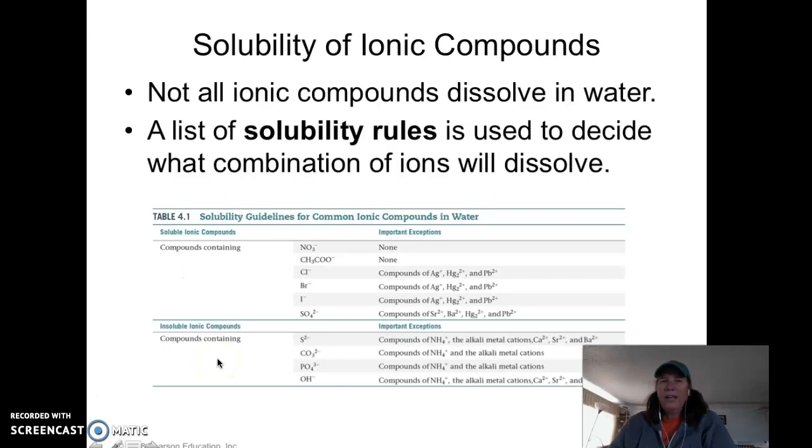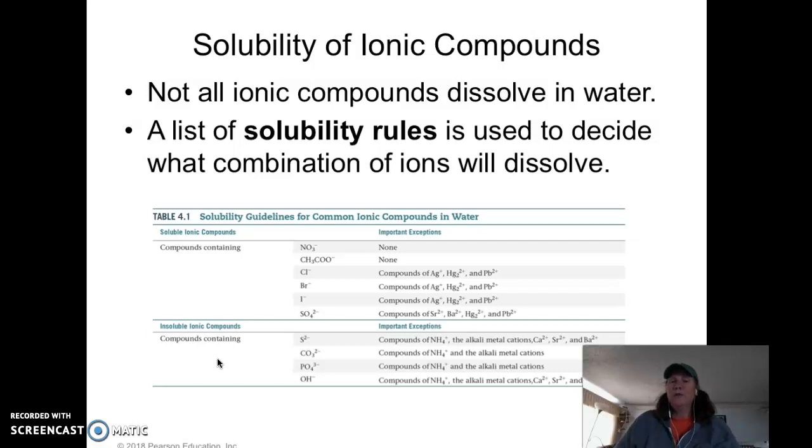Okay, there's a solubility and there's rules, and there's a sheet that I have for you. So we're going to go through that separately. What it does is, if you have a double replacement reaction, you put two compounds together and you want to know if that reaction really happens. Well, you have to have a precipitate. You have to have something that's insoluble.